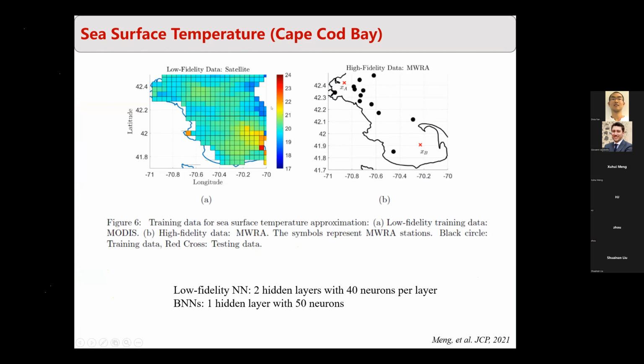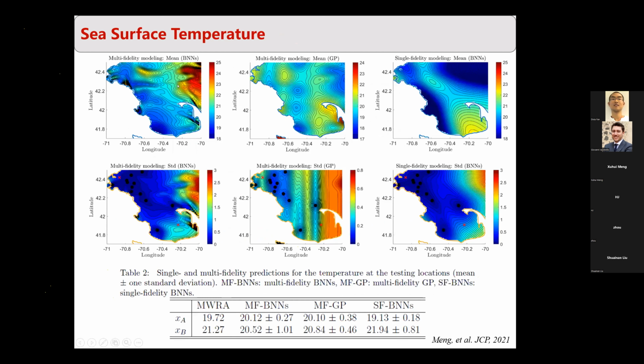So in the training, we use the multi-fidelity BNN to assimilate the low fidelity data as well as the high fidelity data. We use 12 of the high fidelity data in the training, and about 2 as the validation data. This is the prediction from the multi-fidelity BNN, the predicted mean and the predicted uncertainty.